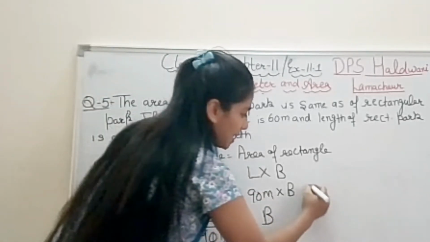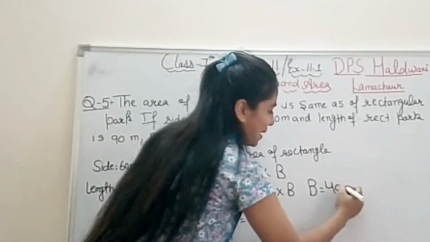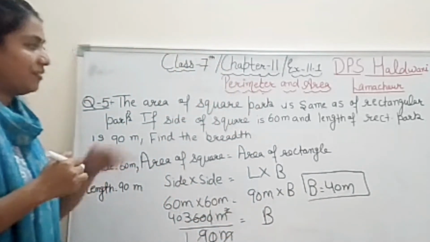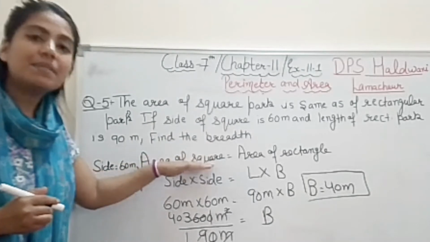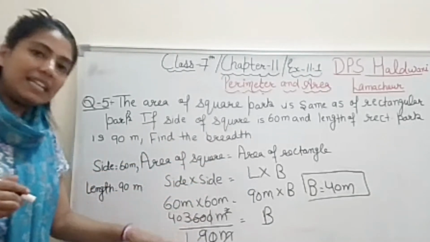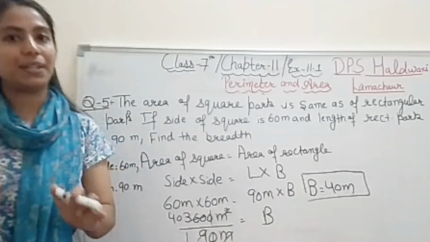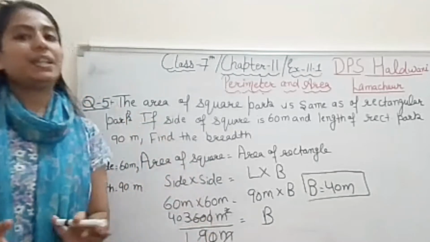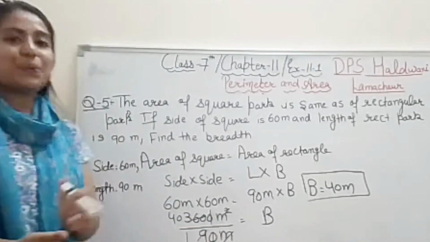So it means breadth is equal to 40 meter. Very simple, student. It seems like a very difficult question, but whatever condition is given to you, we just put into it, then easily we got the answer. So always we have to fulfill this only. Condition we need to write and then put the value into the condition, that's it. So this is all about question number 5.